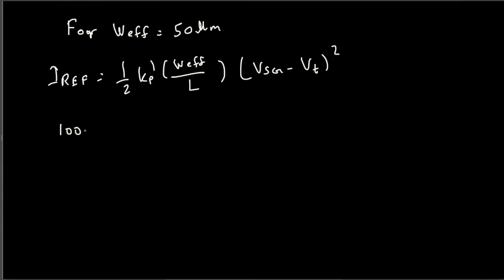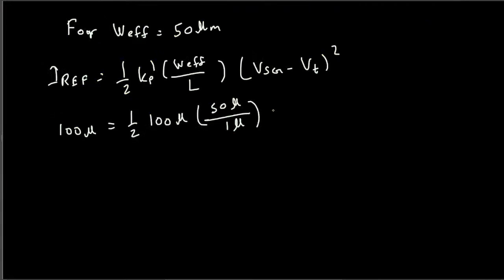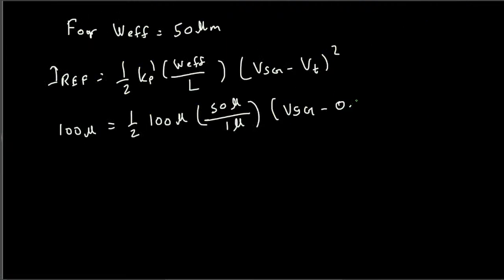I reference is 100 microampere, half Kp prime is 100 microampere per voltage square, so 100 micro again, and W effective this time is 50 micrometer divided by the length of 1 micrometer. VSG is what we are trying to solve, and V threshold is 0.6 volt, square. If you solve for VSG, the second VSG we get is 0.8 volt.